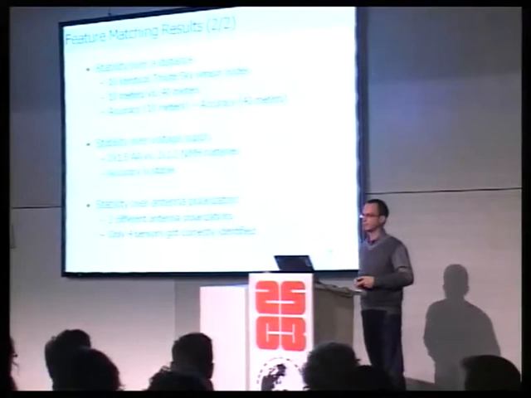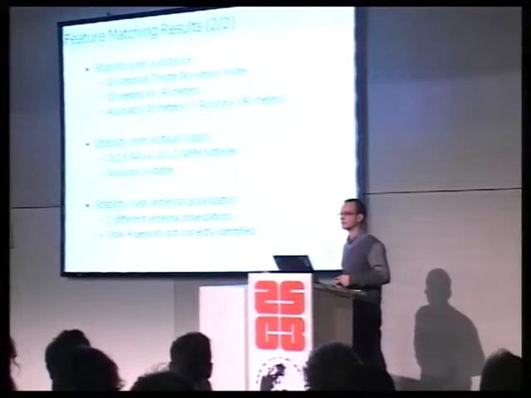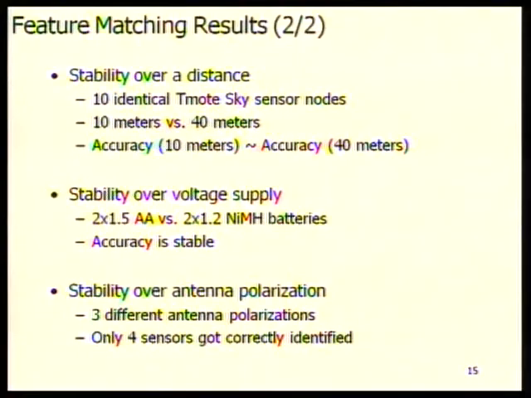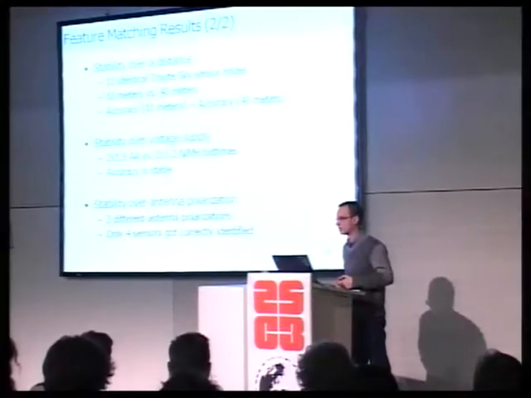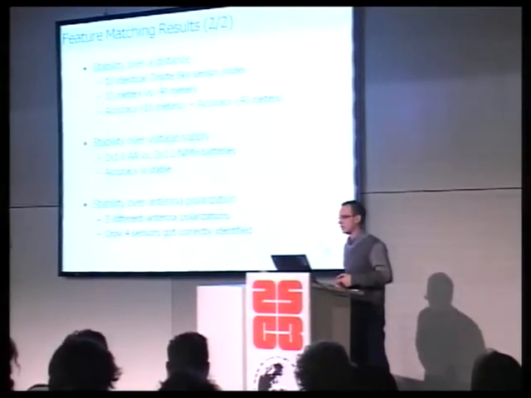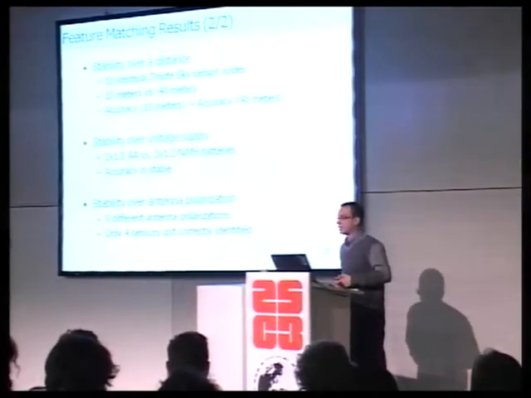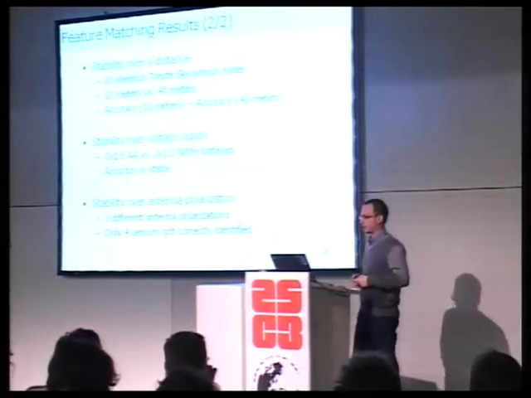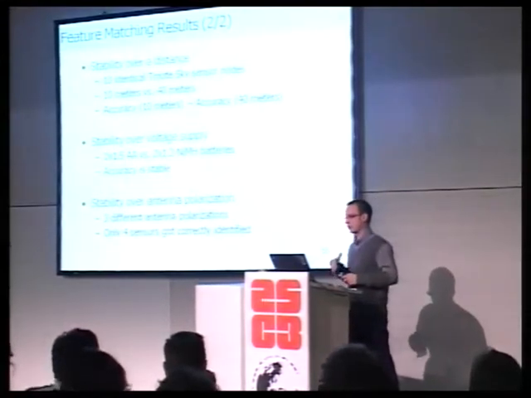Anything else? Yeah? So what about deterioration effects? For example, if the electrical components deteriorate and so the fingerprint changes. What kind of electrical? Sorry, I didn't understand. The electrical components of these wireless devices over time, they age. Yeah, they age. That's something that we have not tested, aging.